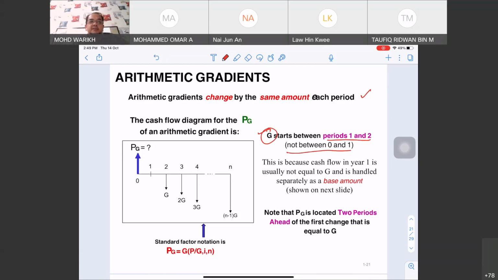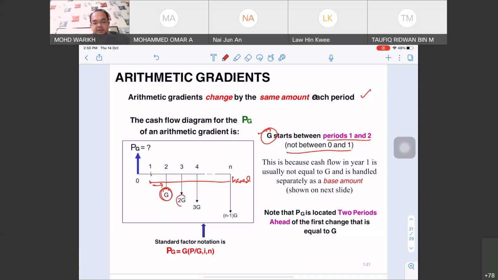Why? Let me give you the example. The gradient starts here at year 2, because year 1 is a base number, and the difference between year 1 and year 2 is the gradient.